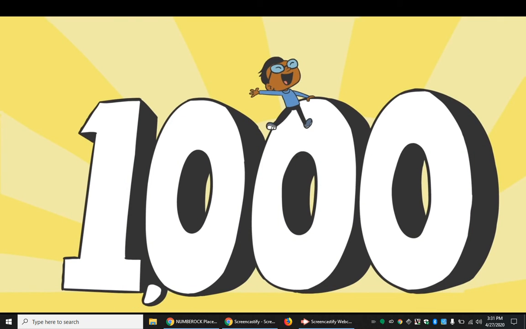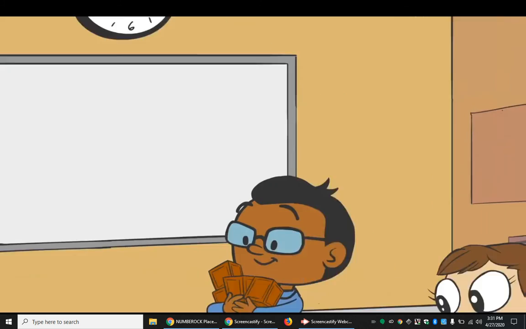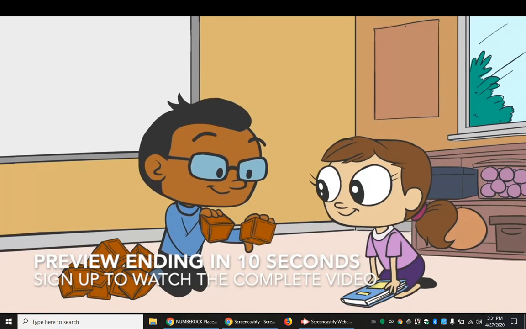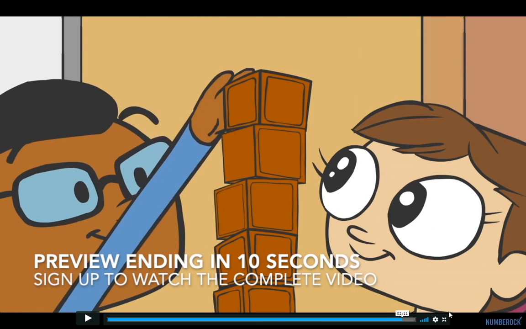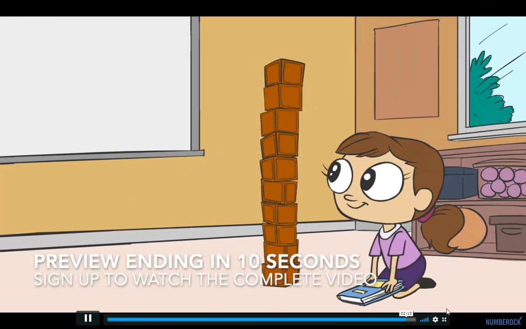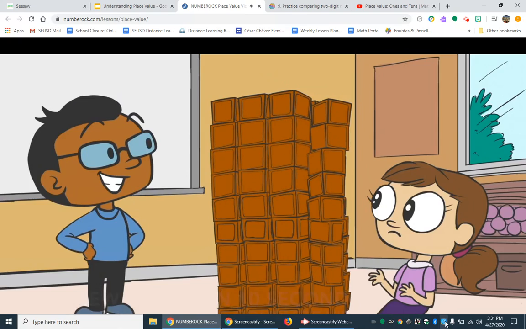The pattern never ends. After the bell rang at 8 o'clock, I started playing with my base 10 blocks. I stacked up 9, and then one more made 10, and then 10 tens equaled 100.